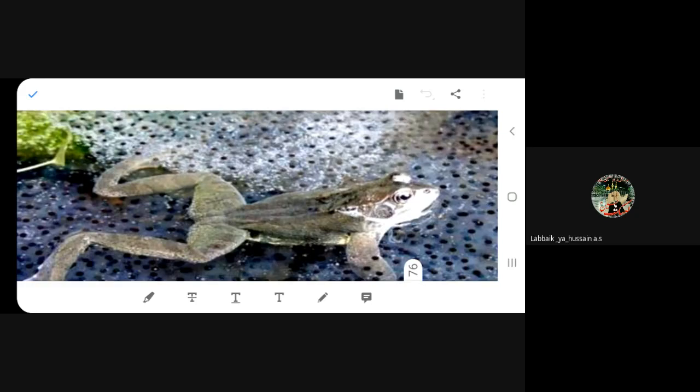Asexual reproduction, as the word suggests, asexual. That means sex is not involved. When sex is not involved, where will be the fertilization? There will be no fertilization. That is why it is called asexual reproduction. There is no male or female, because only one parent can give rise to so many babies.